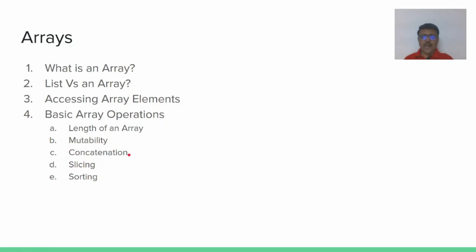Then addition of arrays, like with lists where we add x plus y, whether I can do the same similar thing. And then slicing, like you know how to slice the elements in a list if we want to see only the third item to the fifth item or the complete items after the third. We have done all those things, right? How can we do that kind of slicing, and then sorting, whether in reverse order or ascending or descending. So how do we do that? Okay.